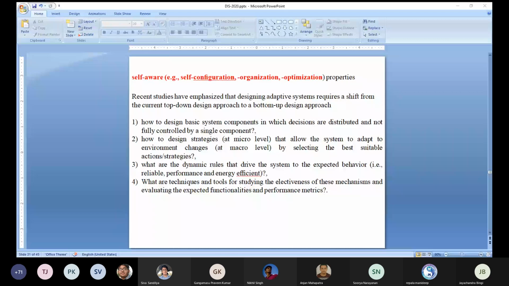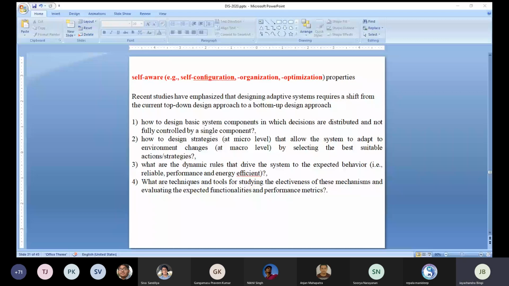So self-awareness means self-configuration: it has to adjust its structure according to the environment, the situation, the condition. Self-organization: how to maintain the structure and the form.